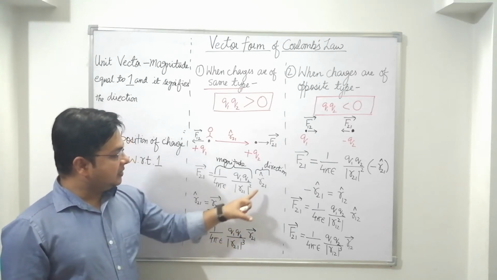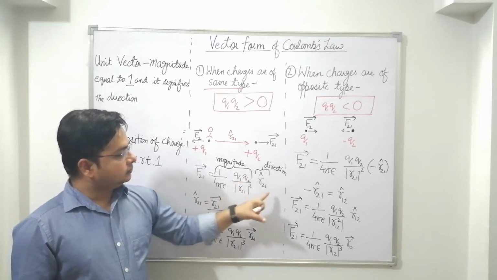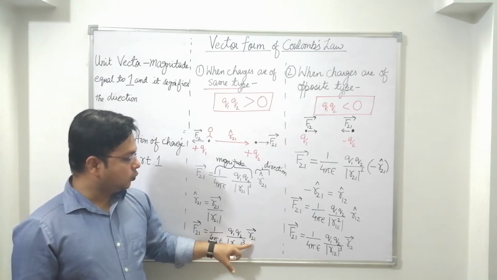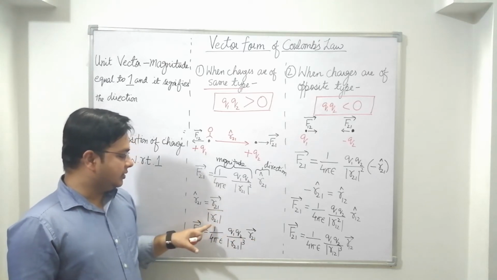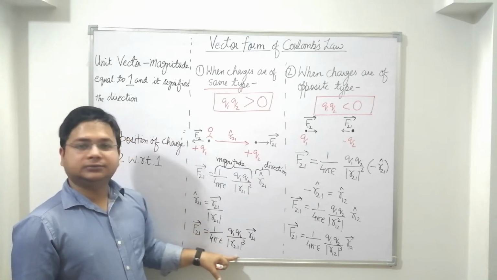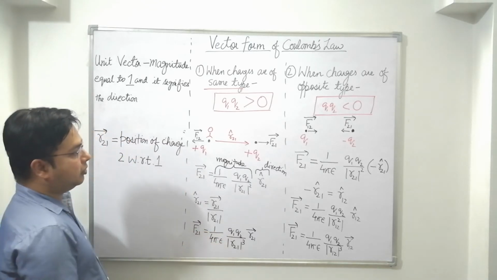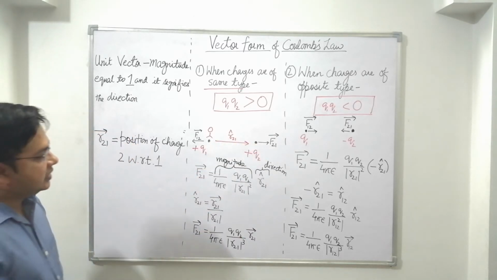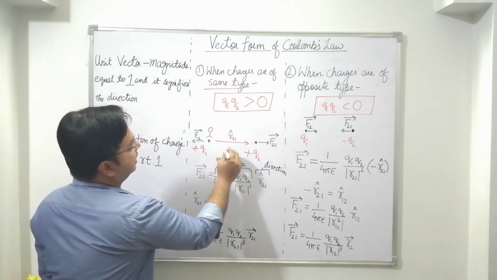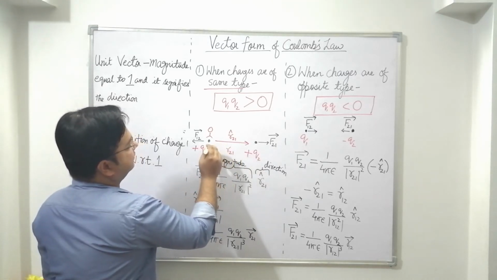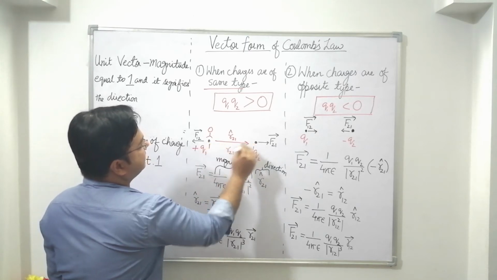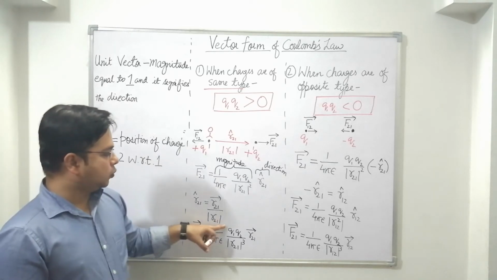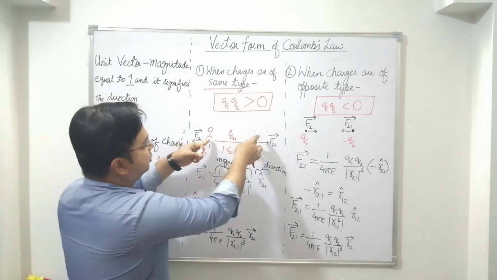So similarly, if you replace R21 cap, which is a unit vector, it can also be written as R21 divided by mod R21. In the earlier formula we have seen that the distance between the two charges is r. So similarly, that r can also be written as mod R21. If we talk about this length, then this length can also be written as mod R21. So don't get confused about what this mod of R21 is. Mod of R21 is simply the length of this vector.